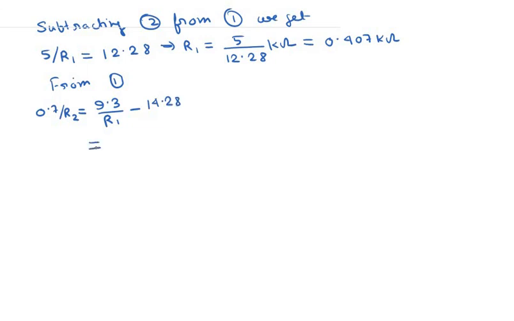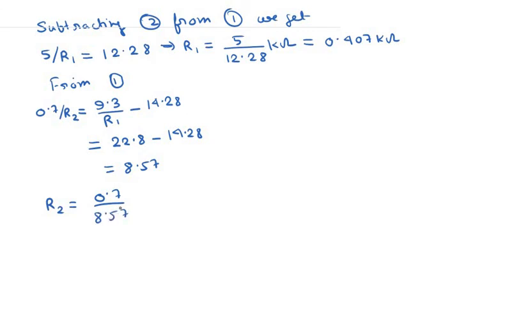So 9.3 divided by R1, let me check it out, this is 22.8. 22.8 minus 14.28 gives me 8.57. So R2 is 0.7 divided by 8.57.